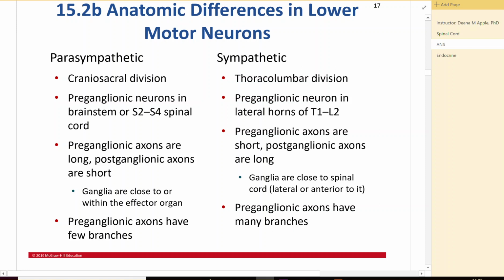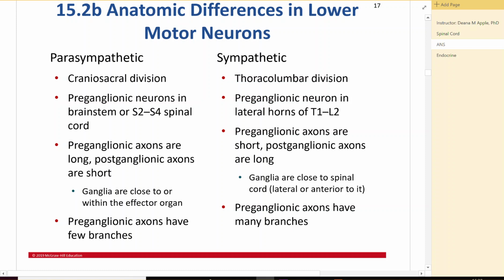The preganglionic axons are long for parasympathetic. The postganglionic axons are short. That means that the ganglia are very close to the organ they're going to innervate. Short axons. The preganglionic axons have very few branches. Does that make sense why? Because they're long. Yeah, they've got to go a long distance to get to the ganglia.